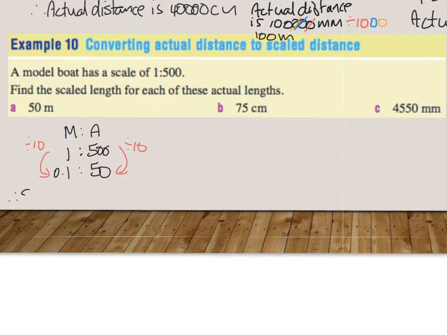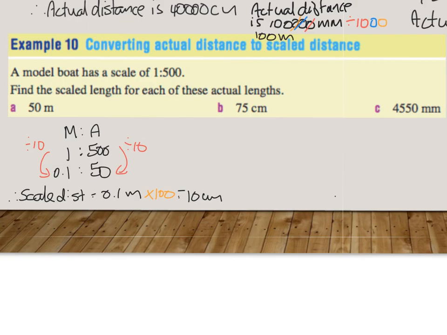Therefore, the scale distance equals 0.1 and the unit is meters. Now 0.1 meters looks a bit weird, so we're going to multiply by 100 to take it to centimeters. If I multiply that by 100, it gives me 10 centimeters.